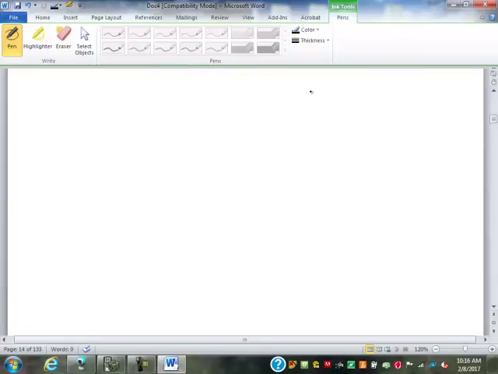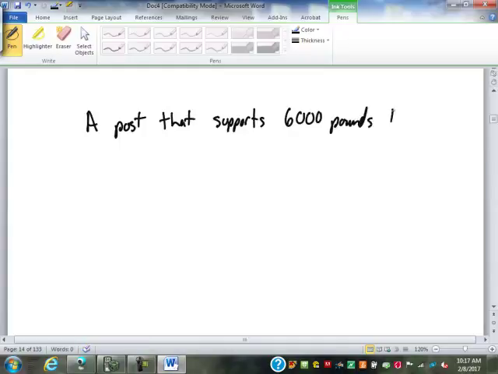Let's say you have a post that supports 6,000 pounds, has an area of 15 inches squared, square inches.